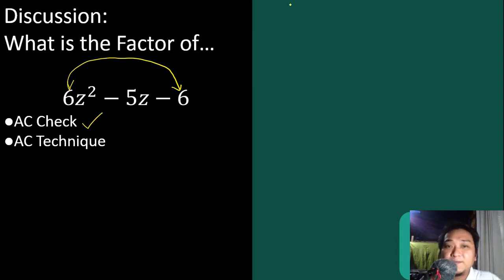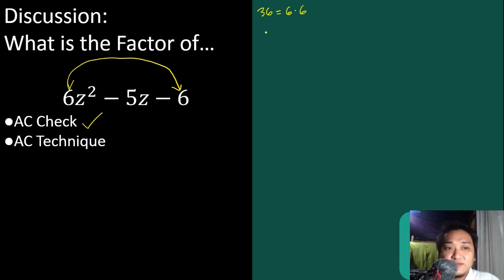For what purpose? Kasi mamaya yung product nila gagamitin natin yun in finding the middle term. Okay? So first, multiply the numerical coefficient of the first and last term. 6 times 6, that would be equivalent to 36.